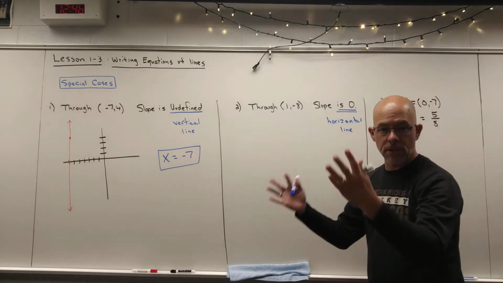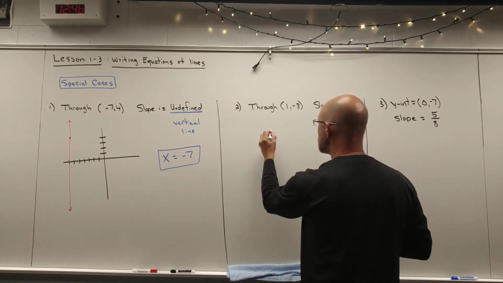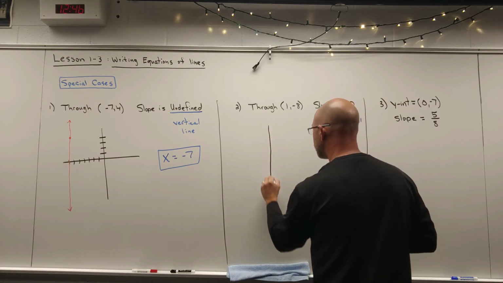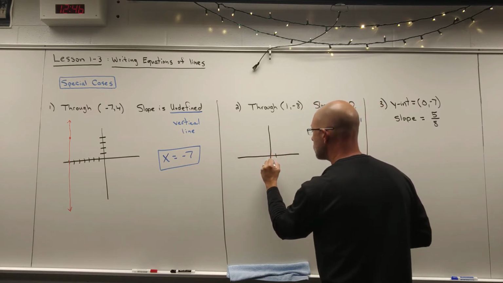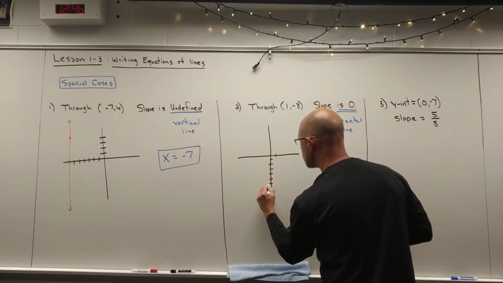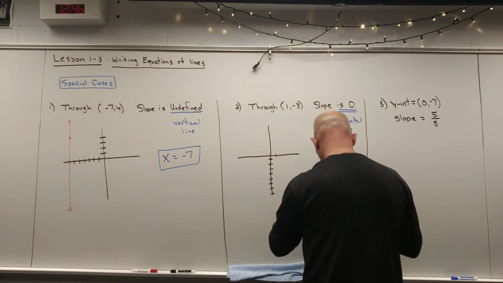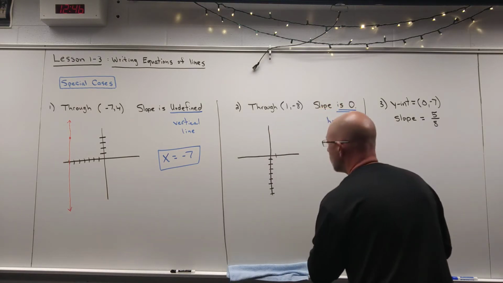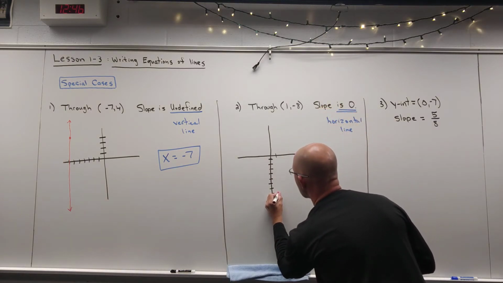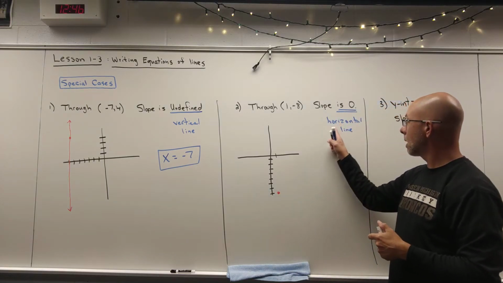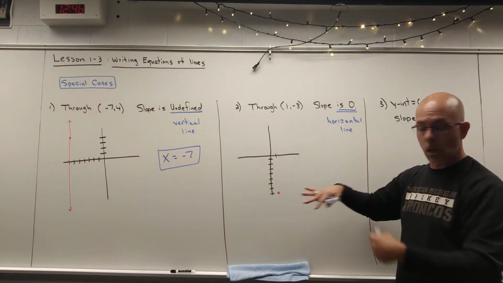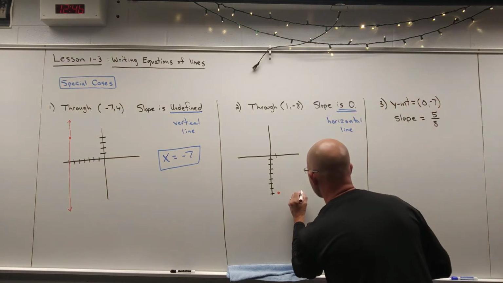That means, just for a visual a second, I can plot this line 1 to the right, 8 down, so 1, 2, 3, 4, 5, 6, 7, 8. So you guys, I know that my line goes through this point, and because it's a horizontal zero slope, it goes like this.